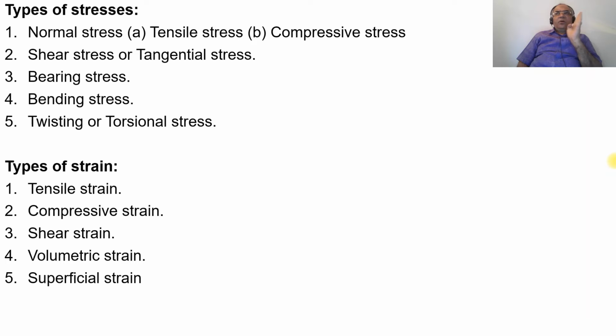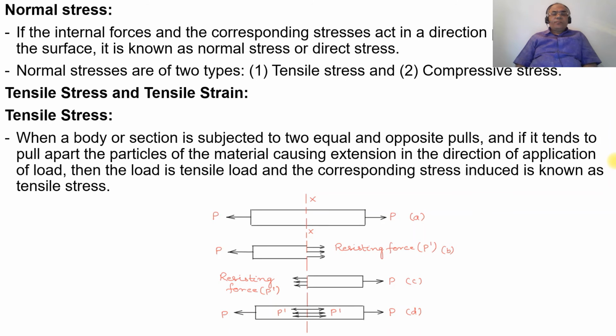Then shear stress or tangential stress, bearing stress, bending stress, and twisting or torsional stress. Similarly, types of strain: tensile strain, compressive strain, shear strain, volumetric strain, and superficial strain.